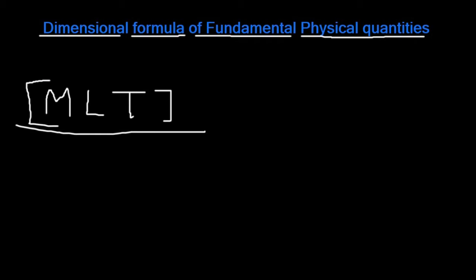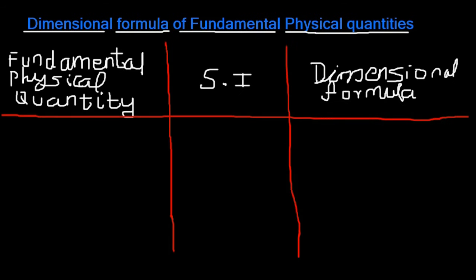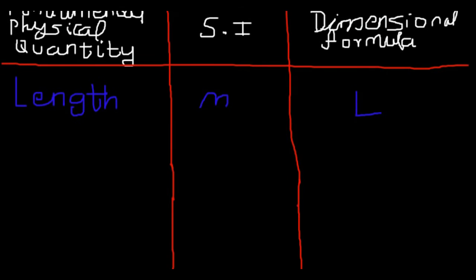Now let's discuss fundamental physical quantities and their dimensional formulas. The first fundamental physical quantity we will see is length. Its SI unit is meter, represented by lowercase m, and its dimensional formula is just capital L. The next physical quantity we will see is mass.